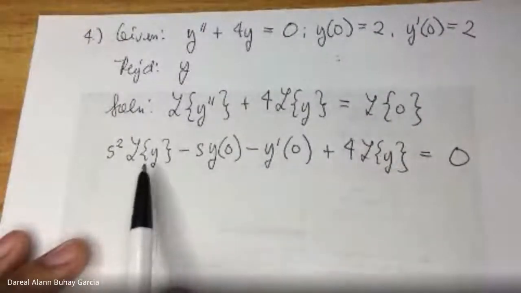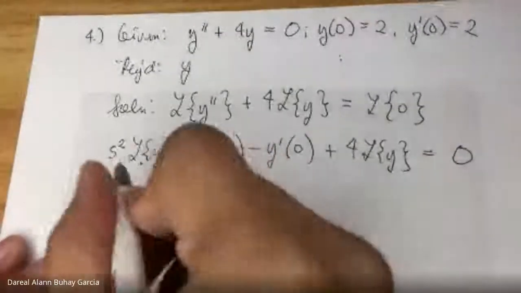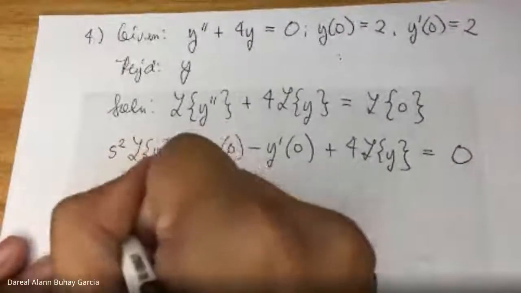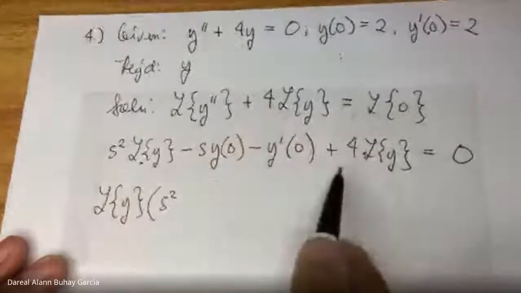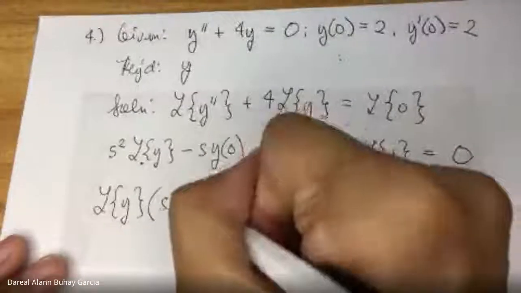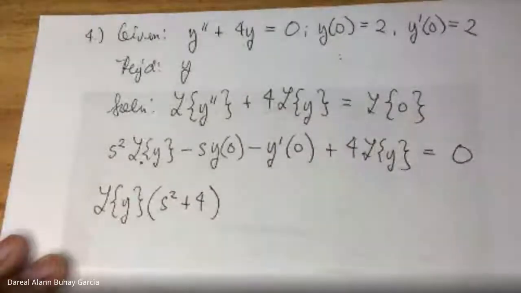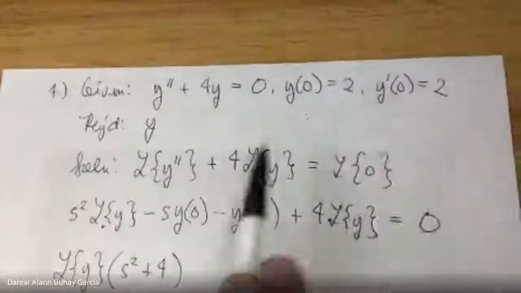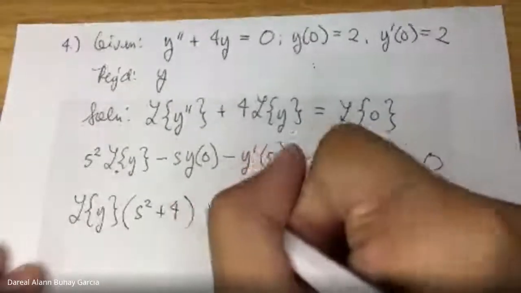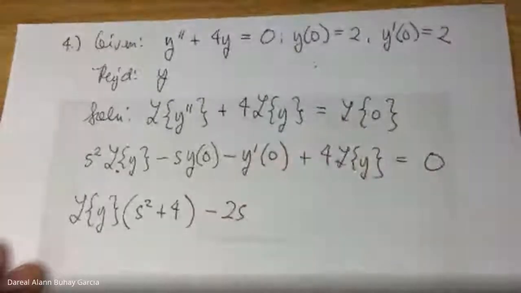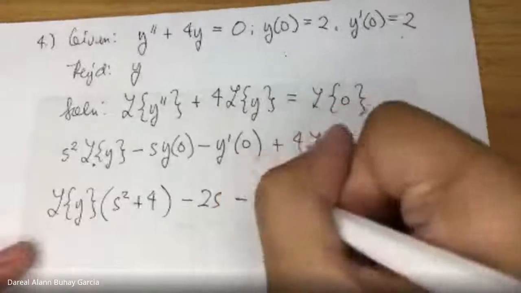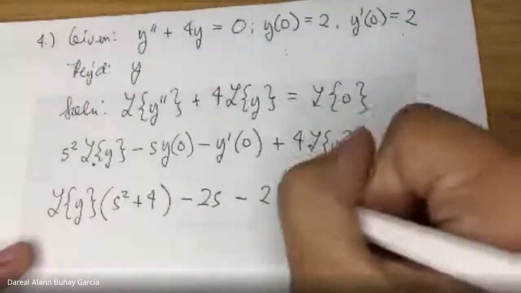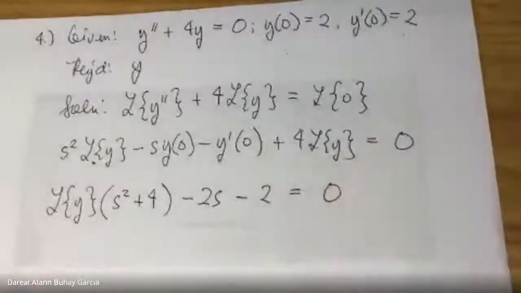Combine like terms. Laplace of y times s squared plus 4, minus 2s, minus 2, equal to 0.